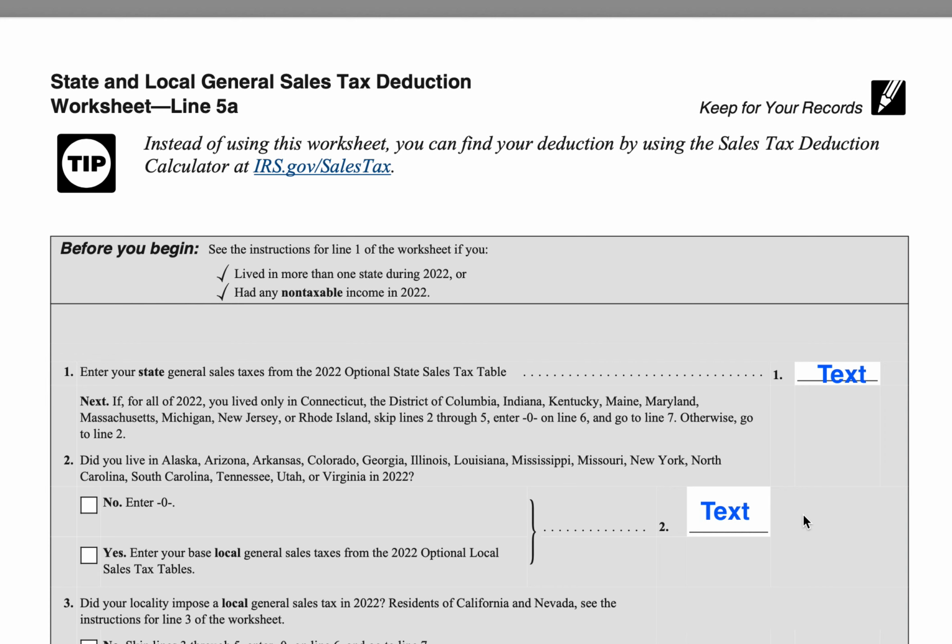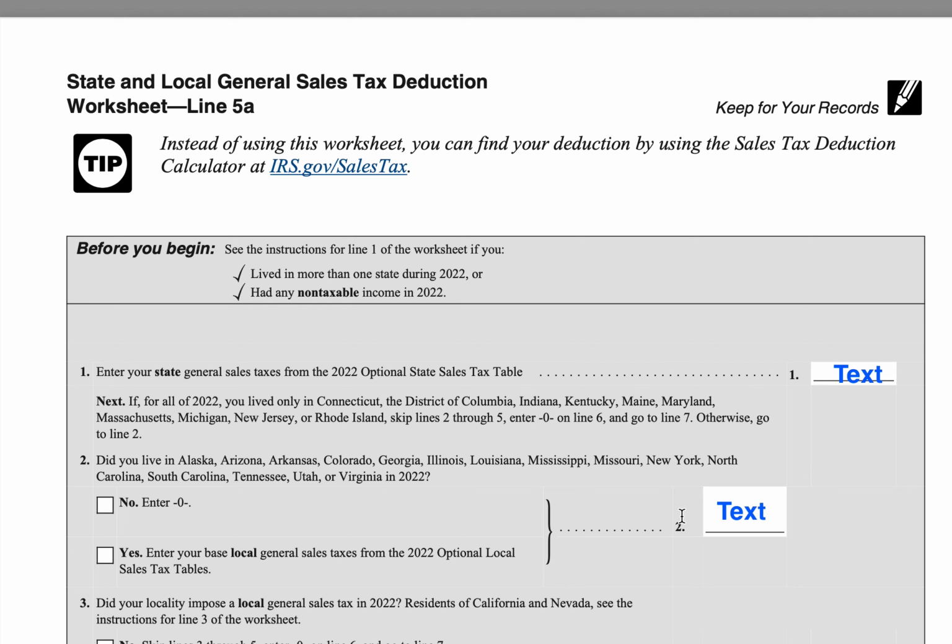So we'll pretend that we're our hero, John Doe. He lived primarily in Texas for the tax year. John Doe has a family of four, and let's say his income was $100,000.